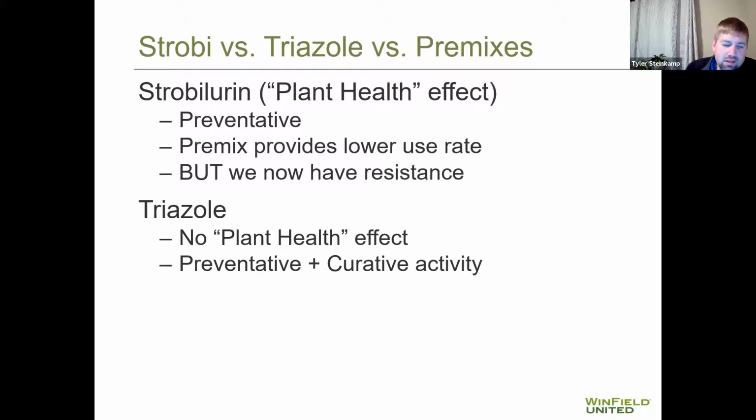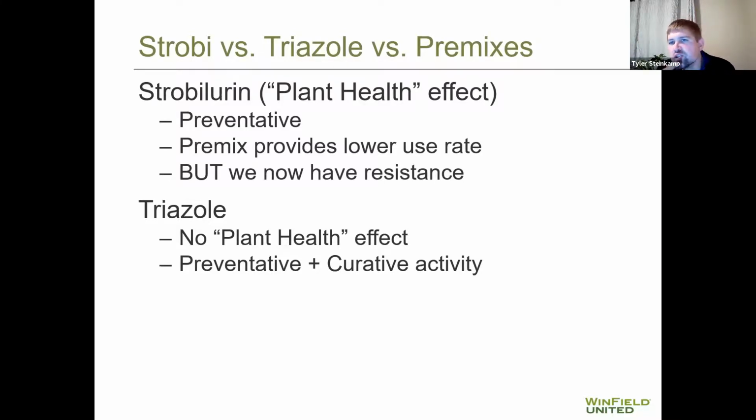Now, one thing that I find interesting, and why I find this data so valuable, is that Winfield United has put a lot of effort into going out and spraying fungicides on corn and coming up with a response to fungicide score.